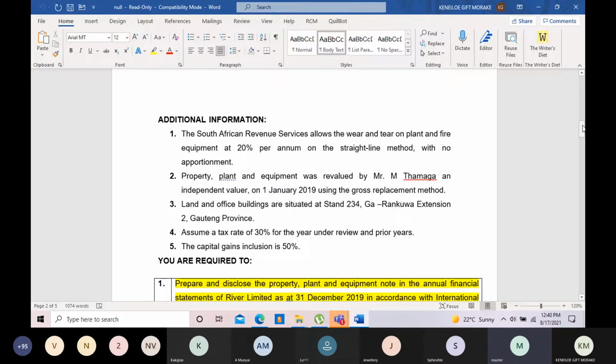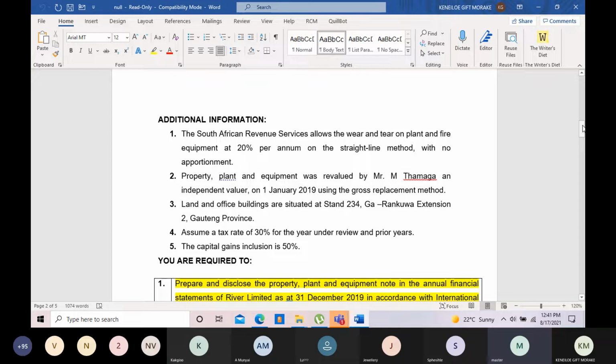So number 2, they said the property, plant and equipment (PPE) was revalued by Mr. M. Tamaga, something like that. I'm not used to this kind of surnames. Now, an independent valuer on the 1st of January 2019 using the gross replacement method.